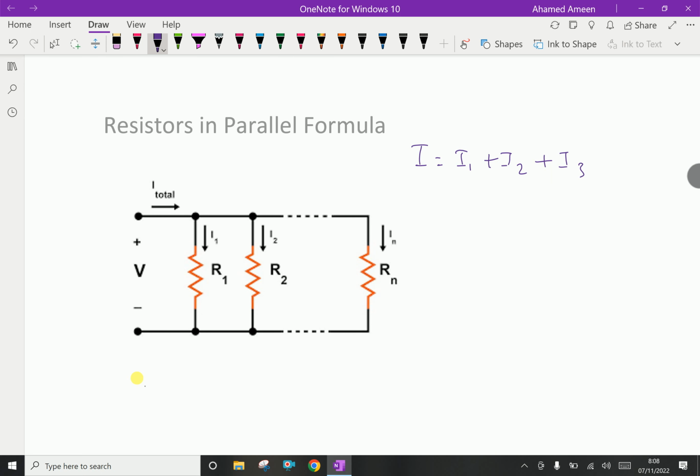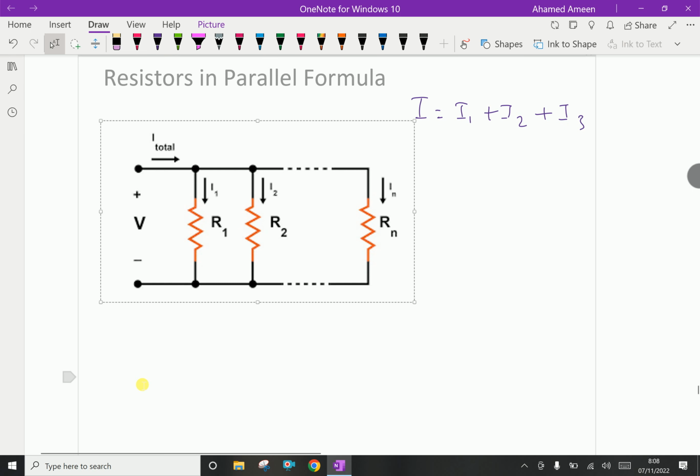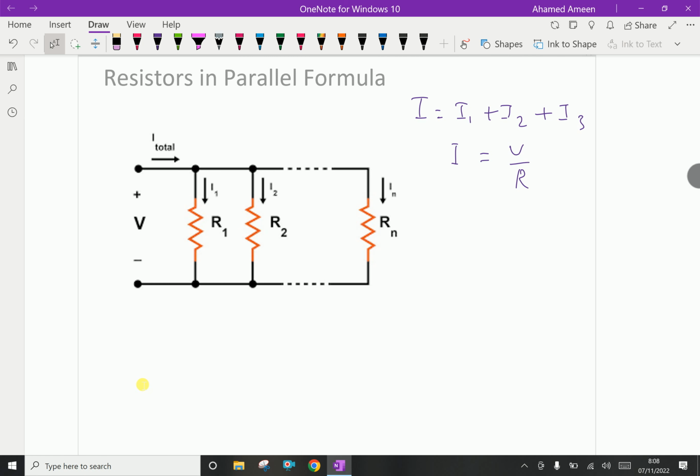Then, we know that by Ohm's law I equals V over R. Therefore, I is V over R1 plus V over R2 plus V over R3.